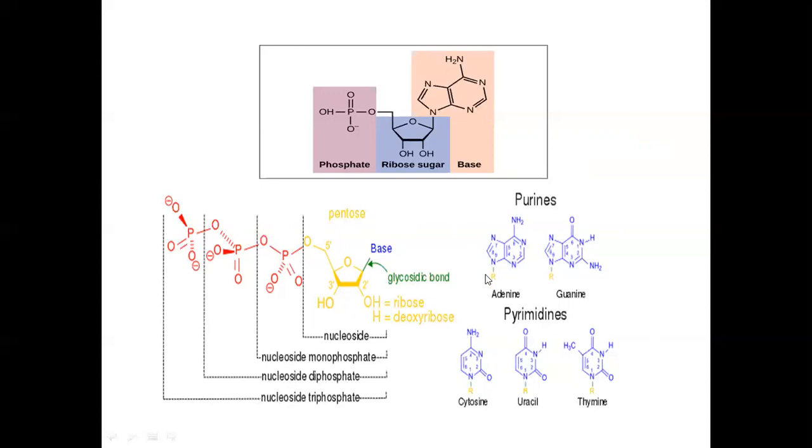If you know the structure of these purines, pyrimidines and sugars, then it will be very easy to write the structure of all nucleotides. The only thing you have to remember is the position at which the bases are linked to the sugar and the phosphate is linked to the sugar.